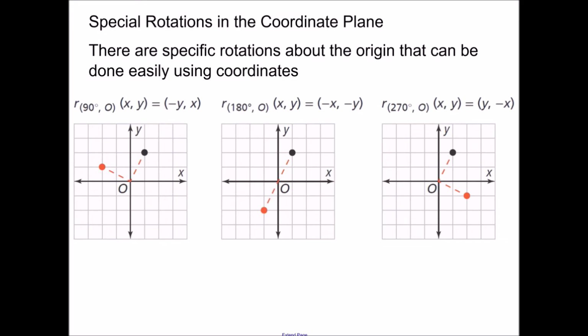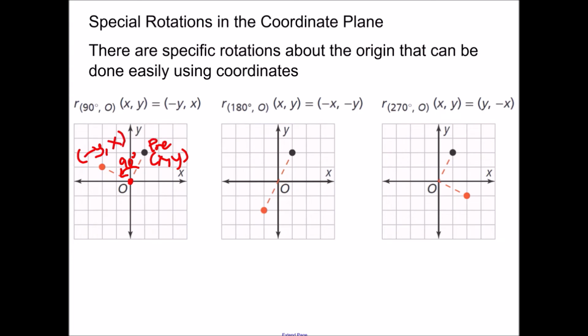If you want to rotate about the origin, remember the origin is this center point here, right? This black point is the original point, the pre-image. If I rotate it about the origin at a 90-degree angle, then I get a new point, and if this coordinate is (x, y), then this new coordinate is going to be (negative y, x).